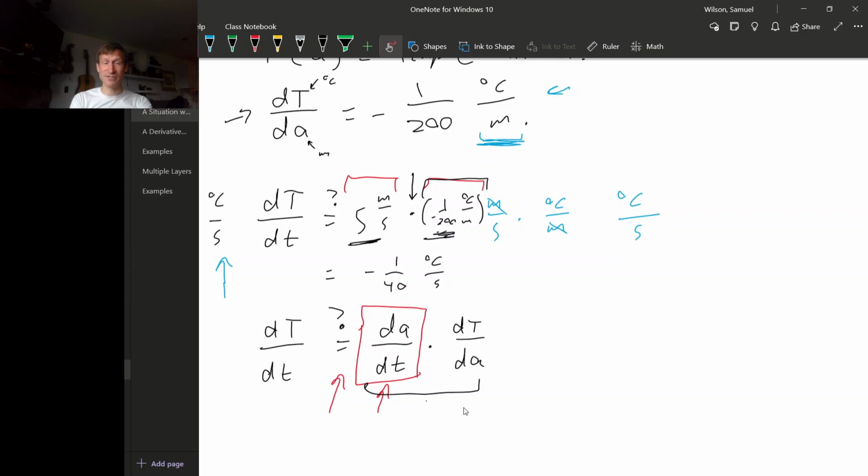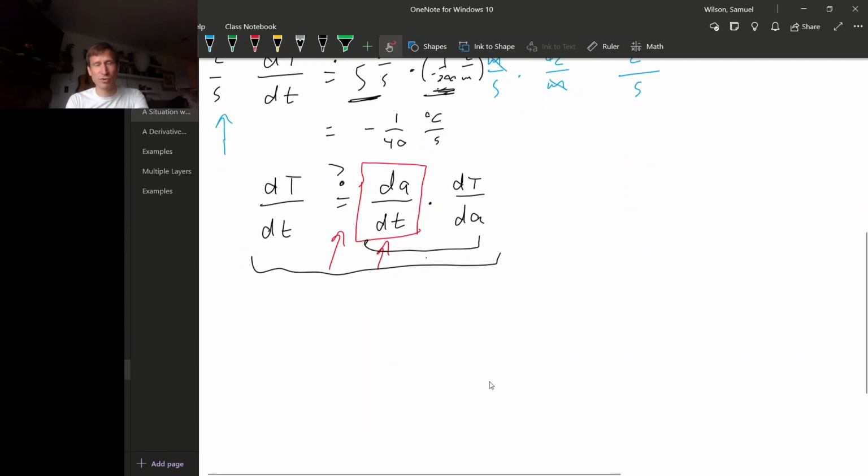It's very suggestive, right? So there are three reasons why it seems like this is the correct derivative rule for this situation. We have temperature as a function of time. It's temperature of altitude of time. So that's why this is a composition.